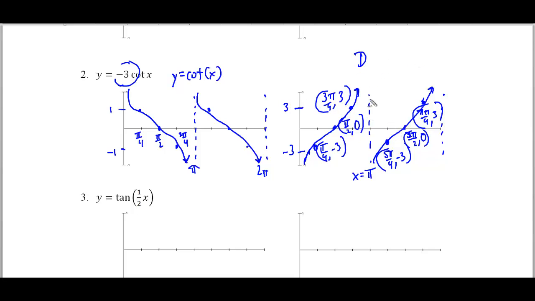The domain, you can see that there is an asymptote line at x equals 2 pi, x equals pi, x equals 0 pi. So the domain is going to be the x values, where x cannot be any value of k pi, where k is an integer.